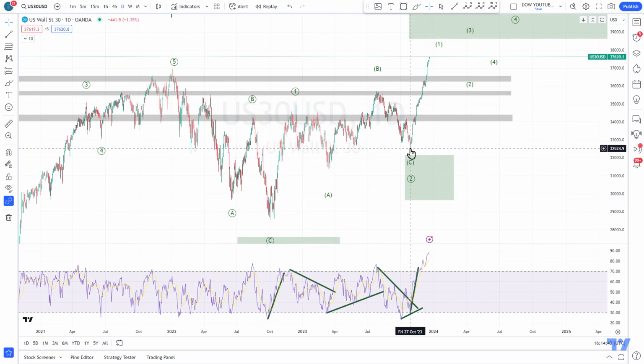The 5th wave in an impulse is supposed to end with divergence. So strong move up here. Let's have a look at the sub waves of this structure.